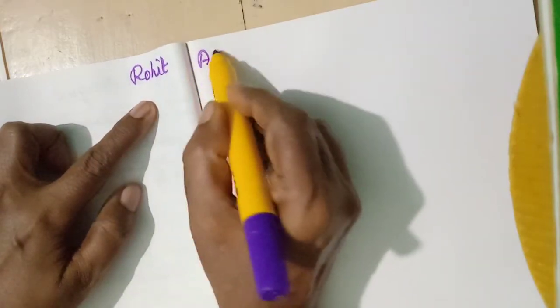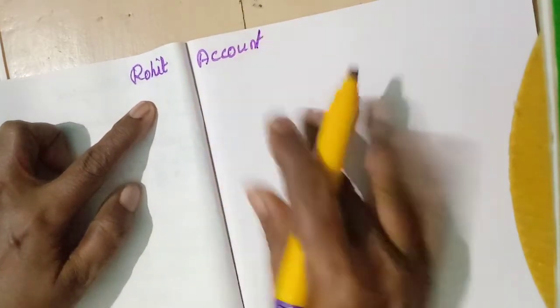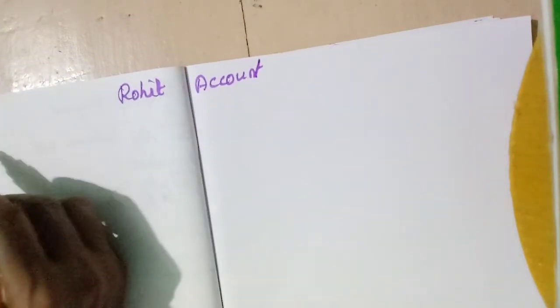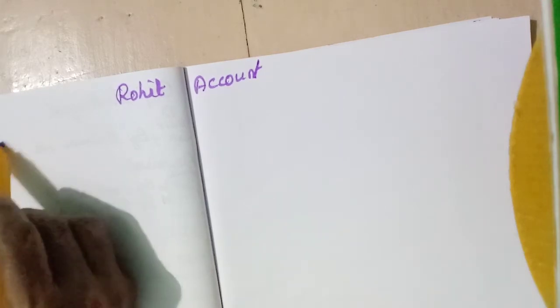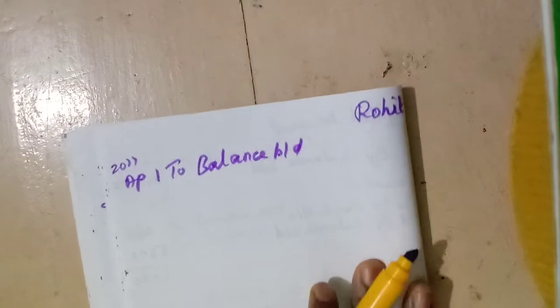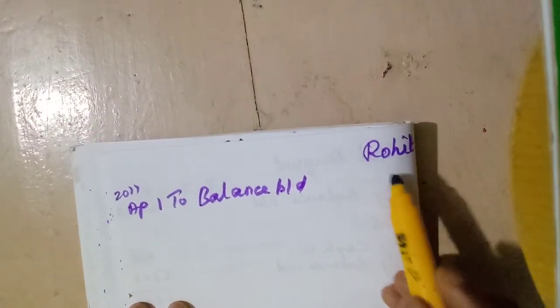Okay, in the same way, then Rohit account. Rohit account, that also debit, isn't it? So 2017 April 1, to balance brought down. Rohit 10,000.